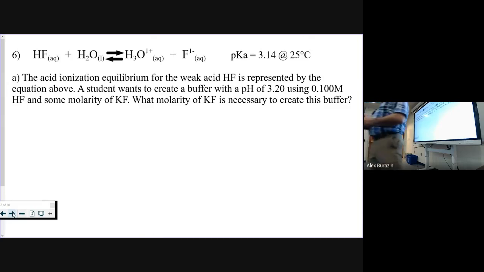Go for it. Let's see what you can do. If it's a buffer, what equation is in play? Yes, the Henderson-Hasselbalch equation, correct.